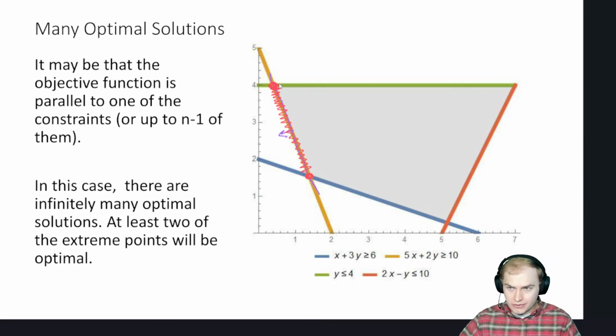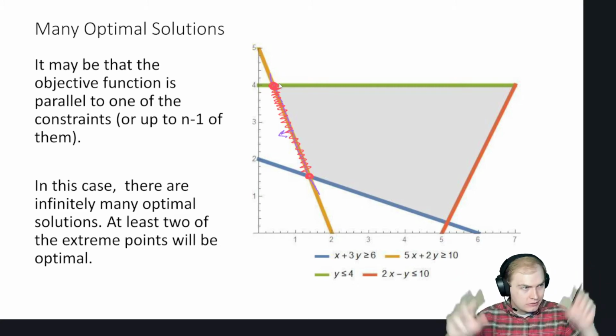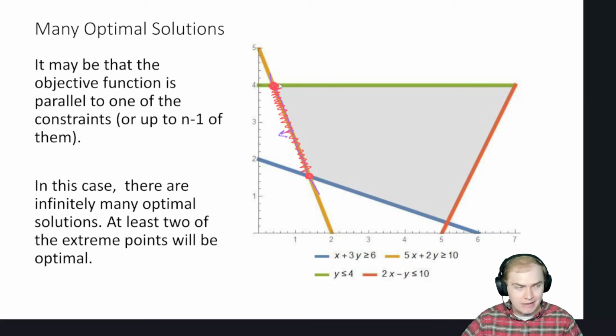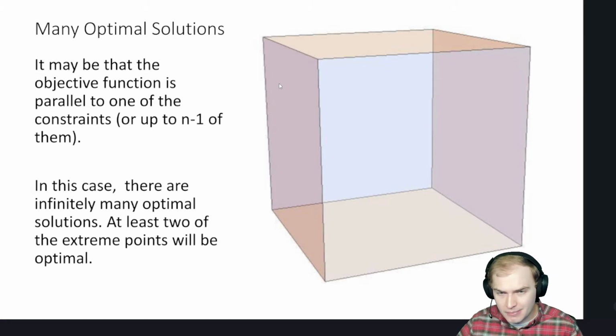In fact, if you're in n dimensions, it can be parallel to up to n-1 constraints and you still might end up with infinitely many solutions. So let me show you that in 3 dimensions.